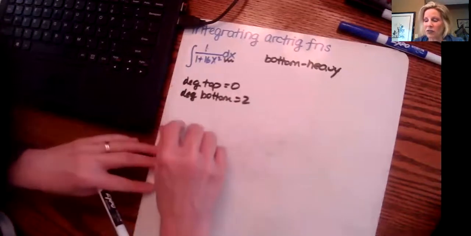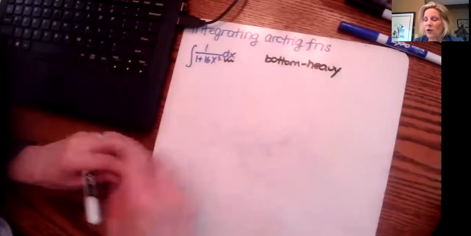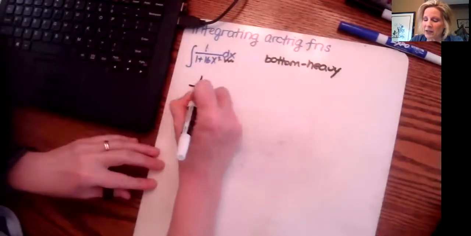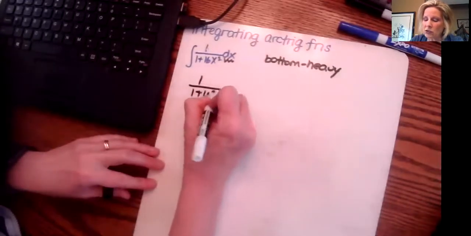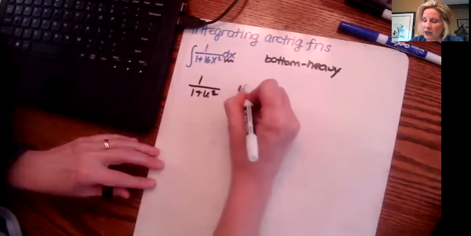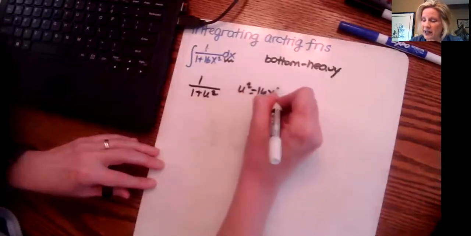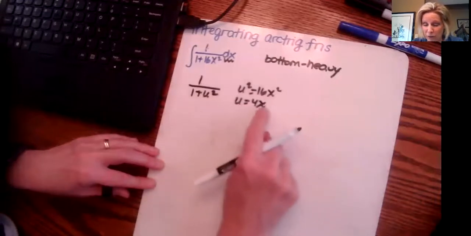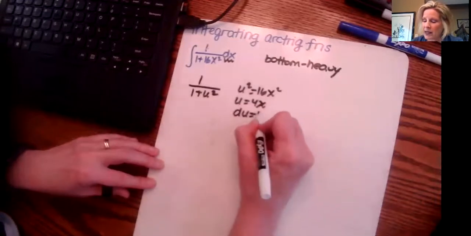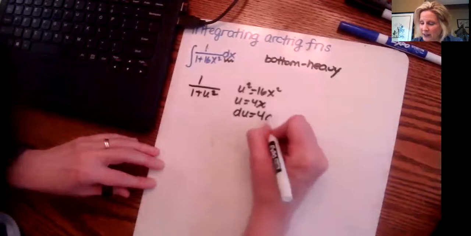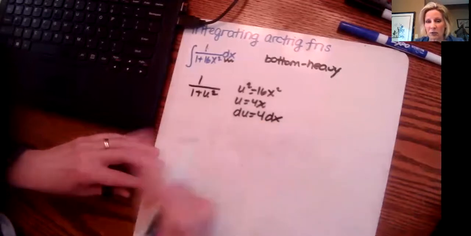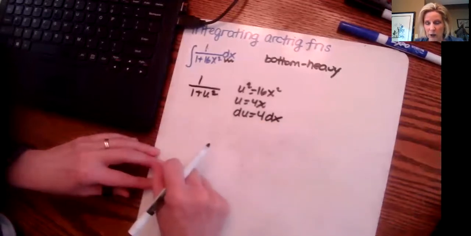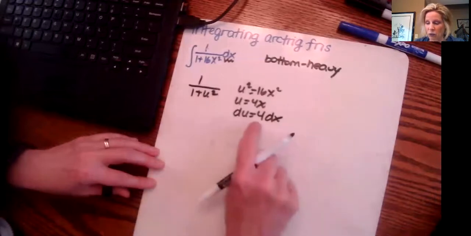And that's when I start thinking, oh, I could make this 1 plus u squared if I let u squared equal 16x squared, which means u is just 4x. And the derivative of 4x is just 4 dx. And then I start making progress. So if the derivative's just numerical, then it means that you can work with it.